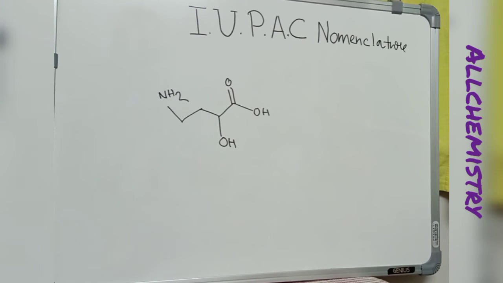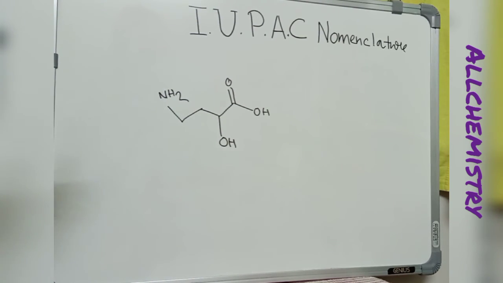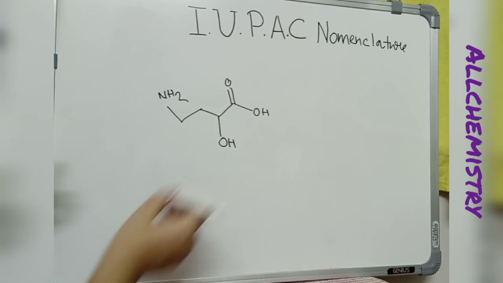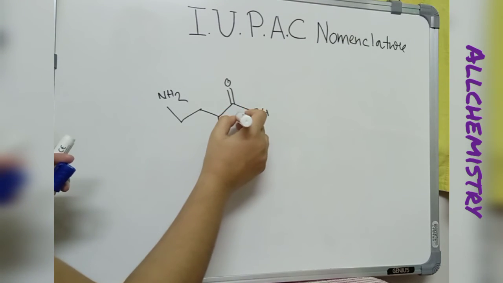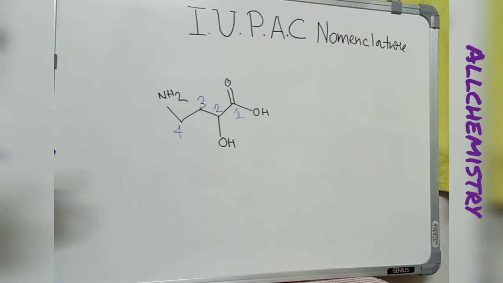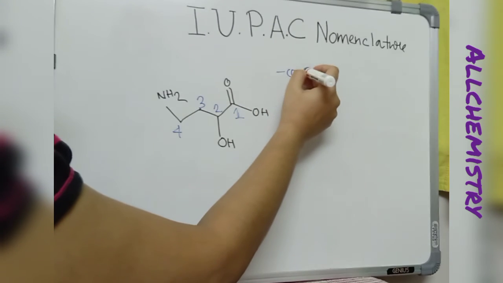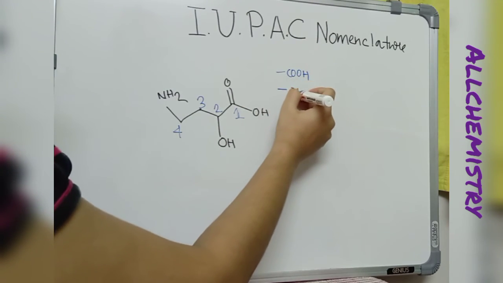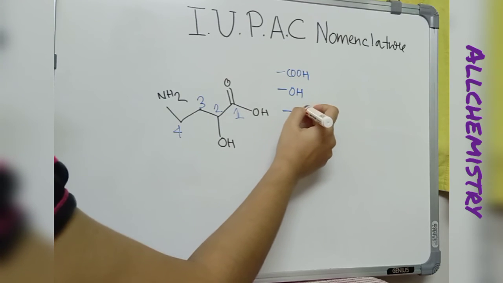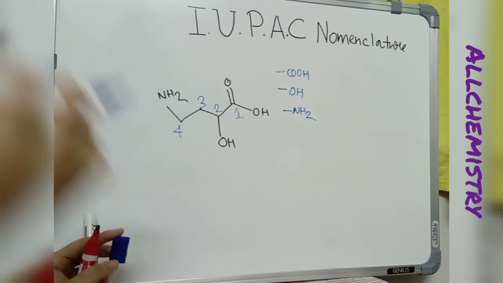So our general rule will be to choose the longest carbon chain, then give the priorities to the substituents. Now the longest carbon chain we can see here is 1, 2, 3, 4. According to our priority order, CO2H comes first, then comes OH, then comes the amine. So I put the numbering that way, 1, 2, 3, 4.